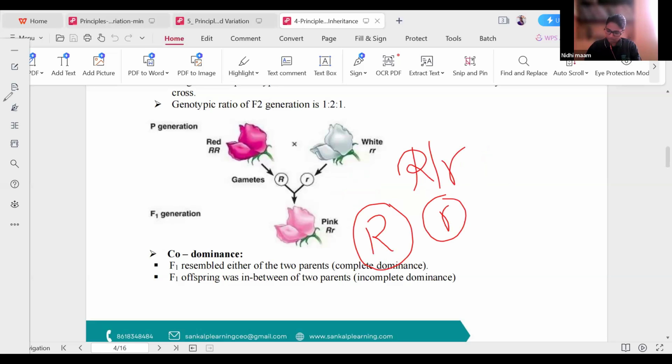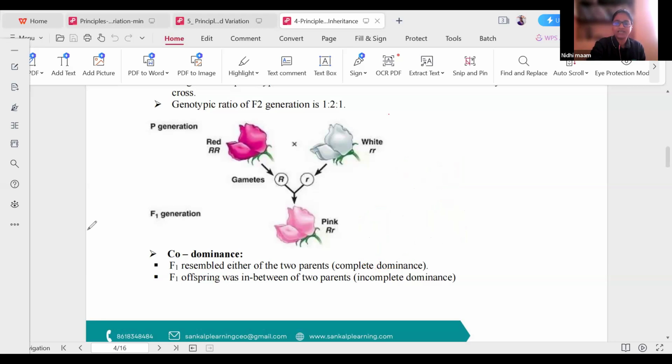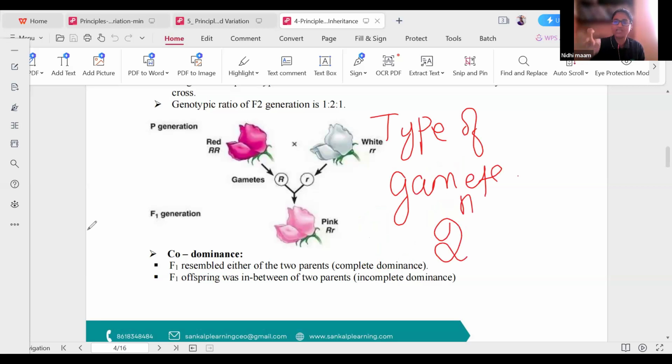So for this I just wanted to share one formula. This is a CET important point. To find the number of types of gametes, we will use a formula called 2^n, where n is the number of heterozygous pairs. Here you see Rr, how many heterozygous pairs? Only one. So 2^1 is 2.